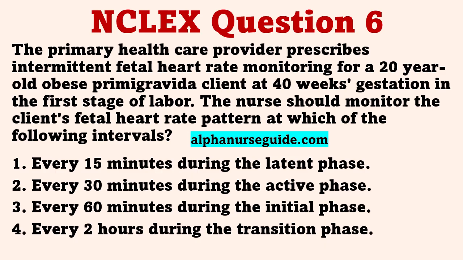During the latent phase, intermittent monitoring is usually performed every 2 hours because contractions during this time are usually less frequent. During the transition phase, intermittent monitoring is performed every 5 to 15 minutes because the client is getting closer to birth the baby. There is no initial phase of labor.